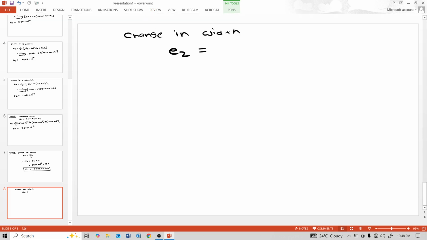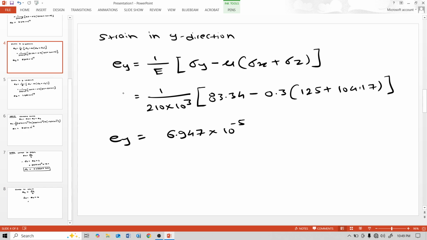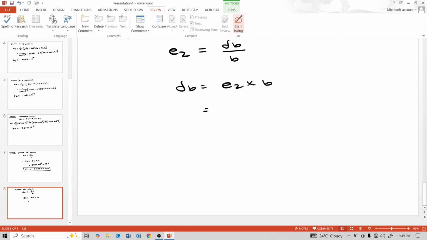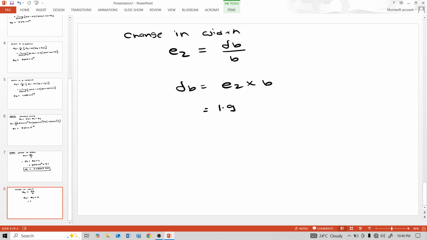Strain in z direction is equal to change in width to the original width. Change in width is equal to strain in z direction multiplied by original width. Strain in z direction is 1.984 into 10 raised to minus 4, and width is 40 mm.